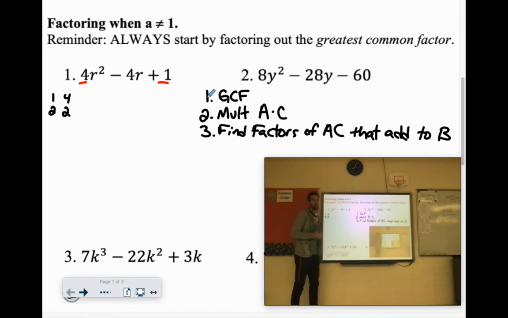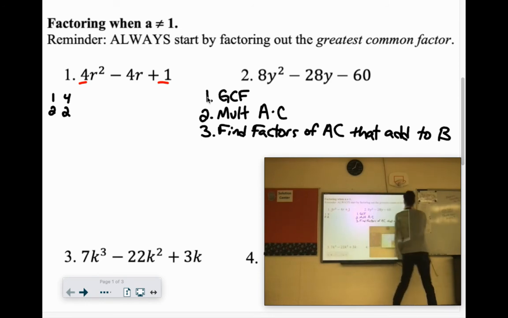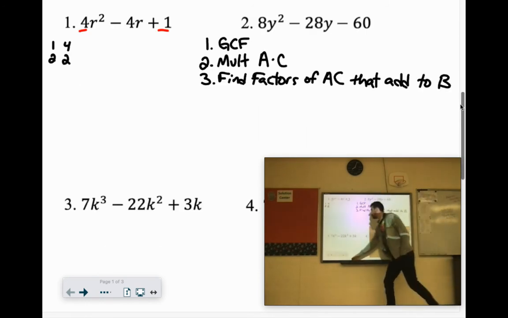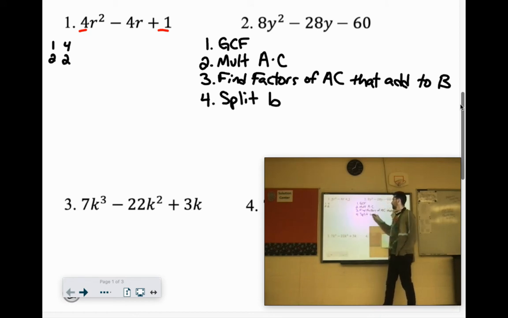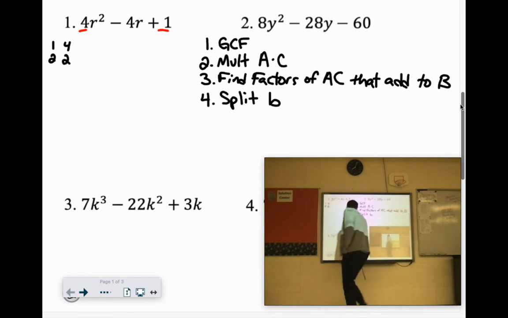Now which set could add up to 4 in the middle there? That would be the 2 and 2. So once we find that set, we're going to split B.